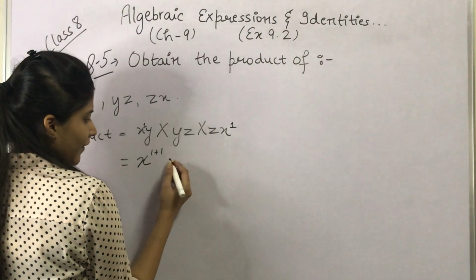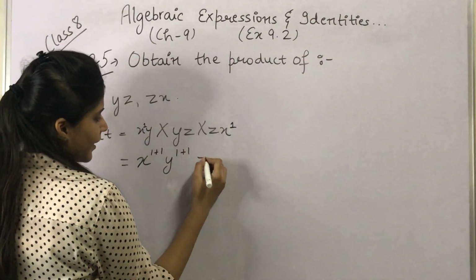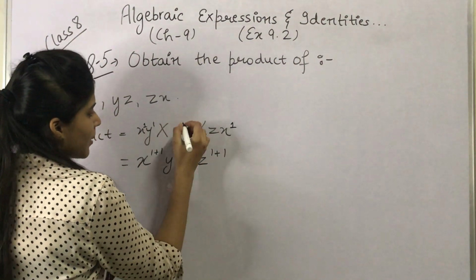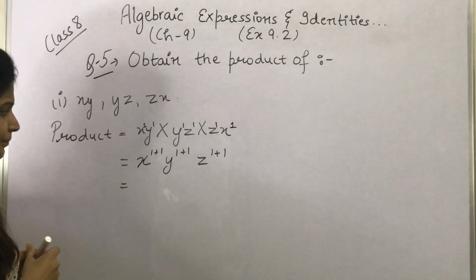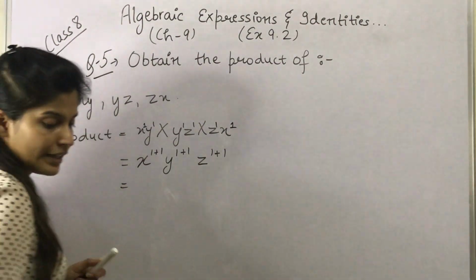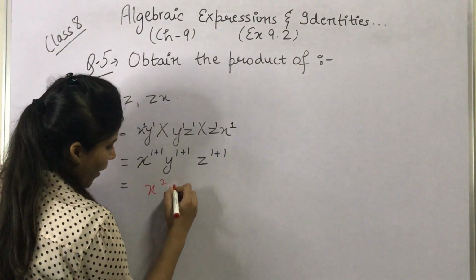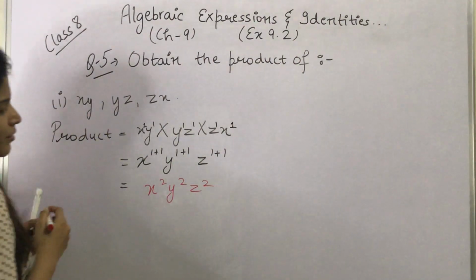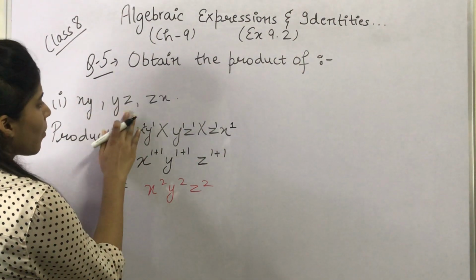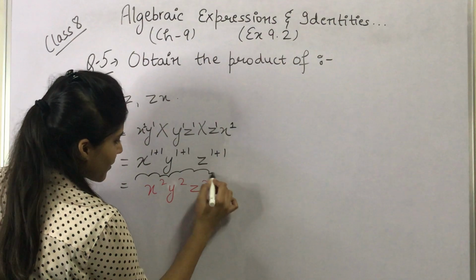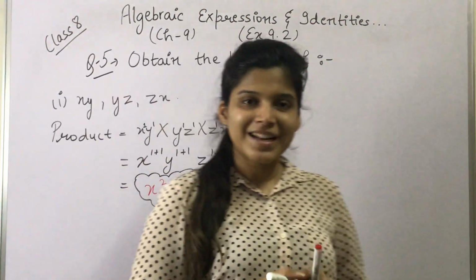Similarly this would be y 1 plus 1 and z raised to the power 1 plus 1, because all of their powers here I can see is 1, right? So simply what we can write, x square, y square and z square. This is the answer. So the product of xy, yz and zx equals x square, y square, z square.